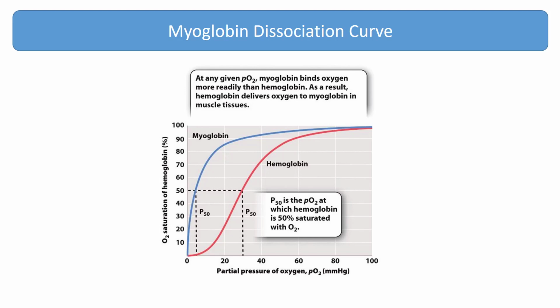Once the exercising muscles consume the available oxygen, the intracellular partial pressure of oxygen drops, and the myoglobin releases its bound oxygen. Red muscle cells, which depend mainly on aerobic respiration to produce ATP, store large amounts of myoglobin. The myoglobin in these cells can release oxygen quickly at the onset of activity, before respiration and circulatory systems have had time to increase the supply of oxygen.